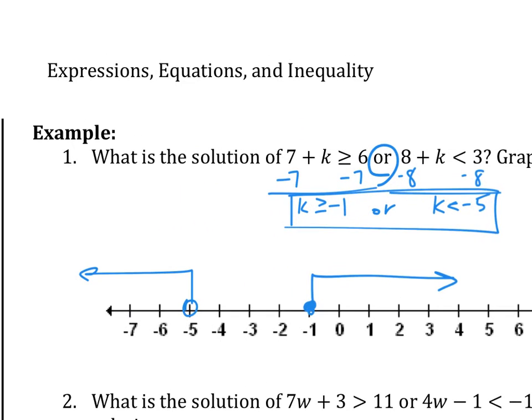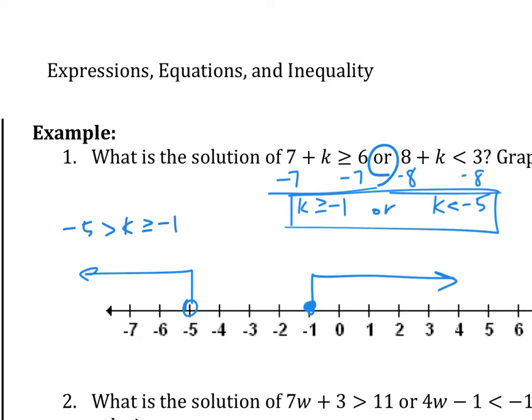Some people also make this mistake. They're looking at this, -5 greater than k. And then they write, greater than or equal to -1. They kind of forced it all into the same one. So they're basically saying there is a number that is smaller than -5 but also greater than -1.